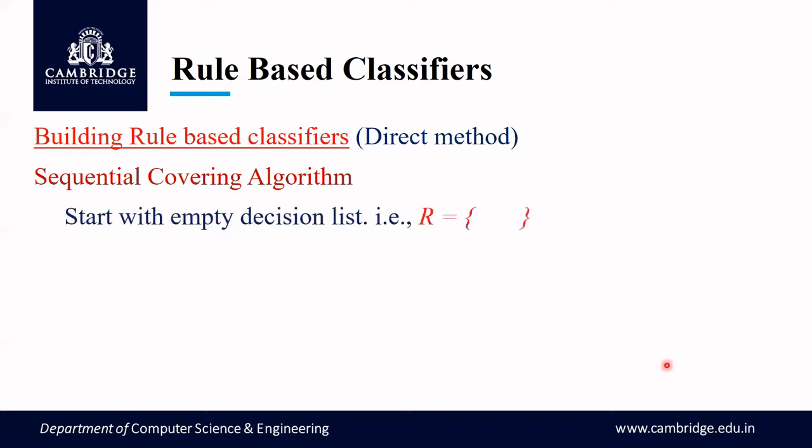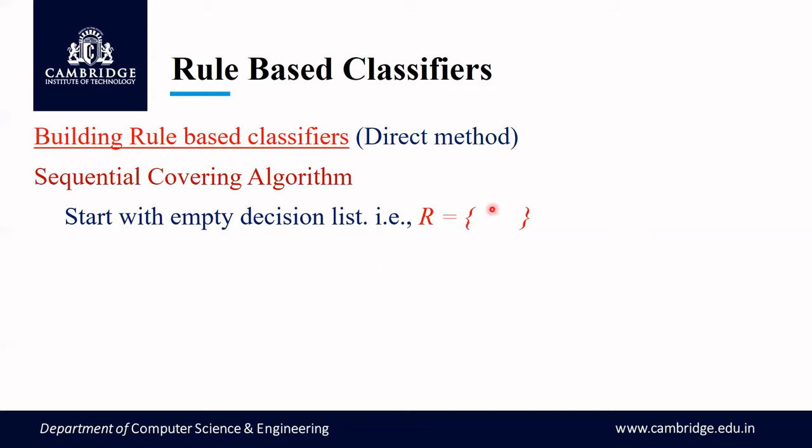The sequential covering algorithm starts with an empty decision list. Here, decision list means what? I've told you which rule set is called a decision list: an ordered rule set, correct? So the rule set that I'm going to extract here will be an ordered rule set.